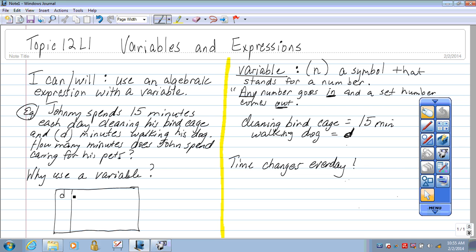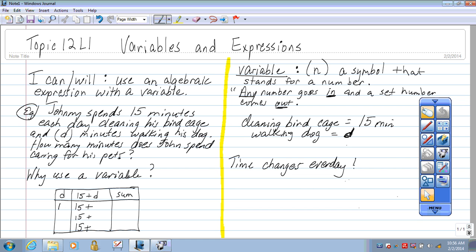Let's say this is walking his dog, and we know that every day he walks his dog and he spends 15 minutes cleaning his bird cage. So together, those things would give me the sum. So we know each day he spends 15 minutes. But what we don't know is how long he walks his dog.